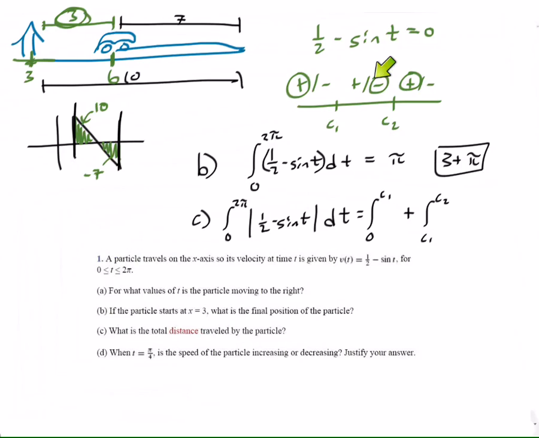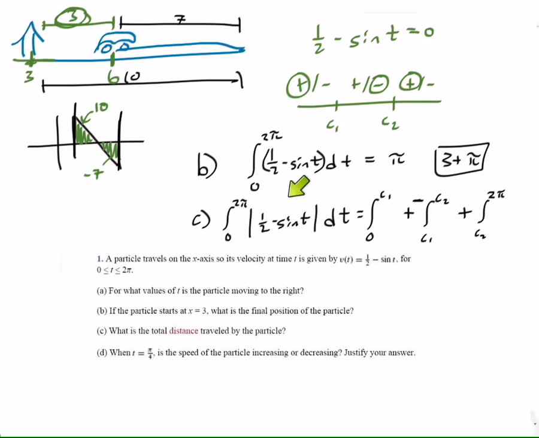So I need it not to be negative. So I'm going to put a negative right there in front of it, because that'll undo the negative. It'll make it positive. And then I'm going to add one more integral, and that's the last part of the area, and that's going to be from C2 to 2 pi. That will give you the total distance traveled.